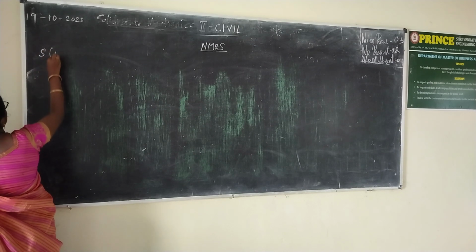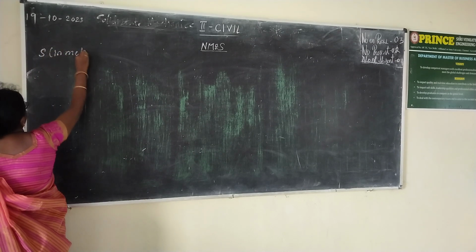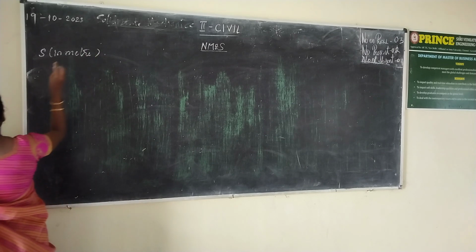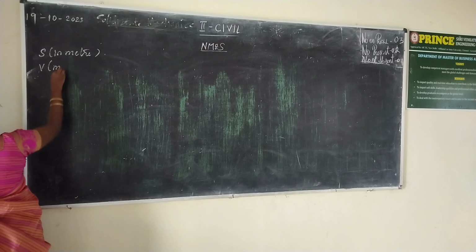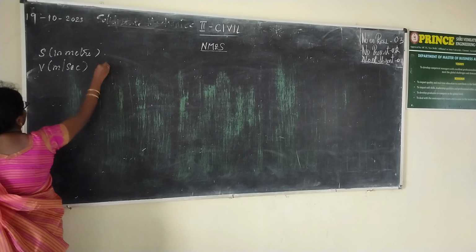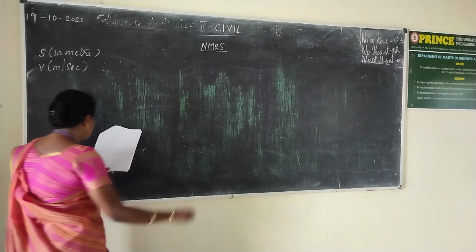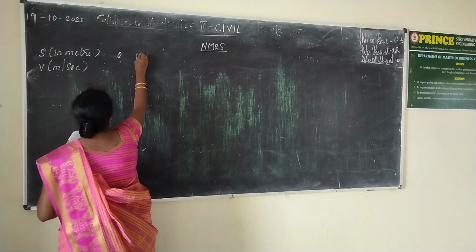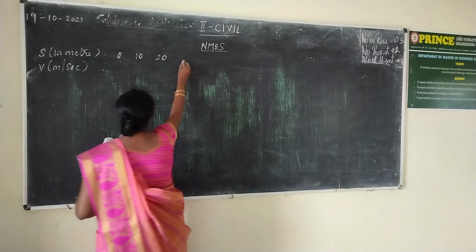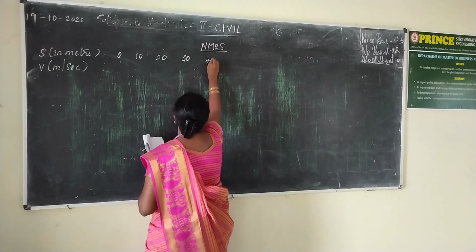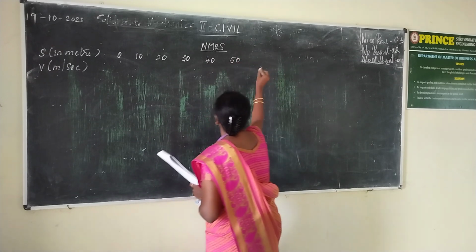You are given distance in meters and you are given the corresponding velocity in meters per second. So distance is given to be 0, 10, 20, 30, 40, 50, 60.